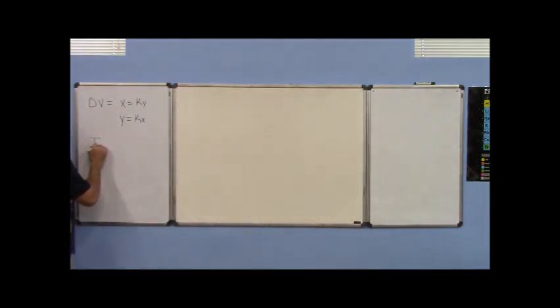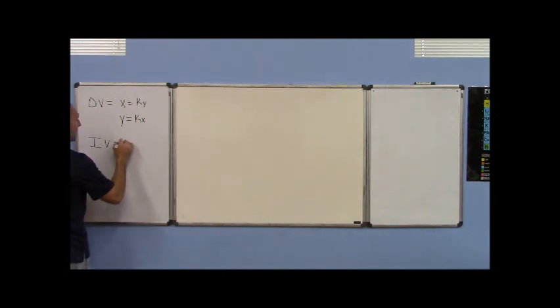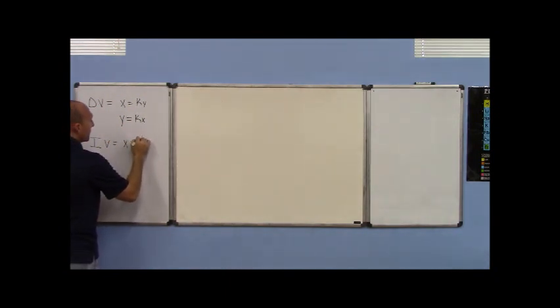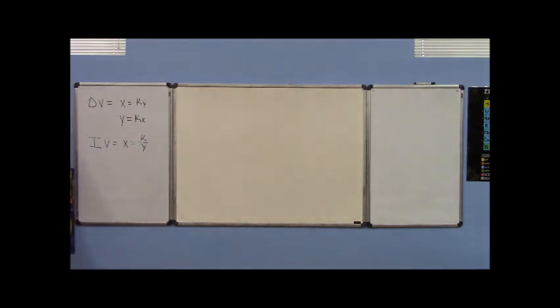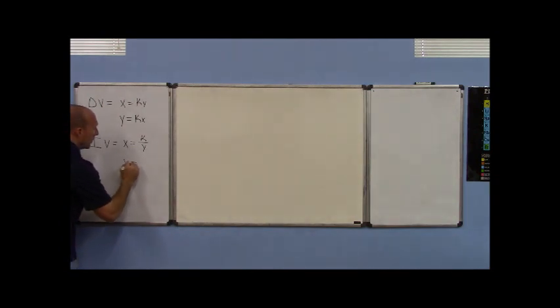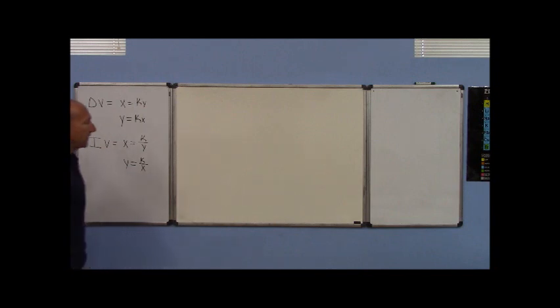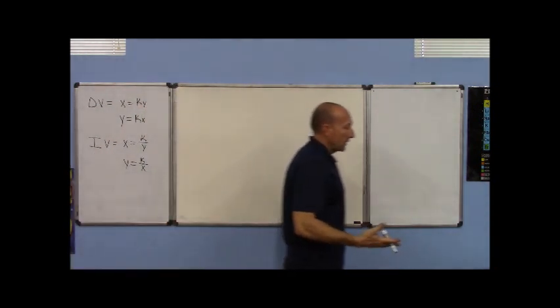Next we have inverse variation. And this is when, if we're talking about x, then it is going to be affected inversely by y. Or, likewise, y is going to be affected inversely by x.